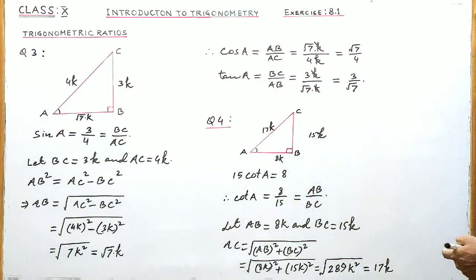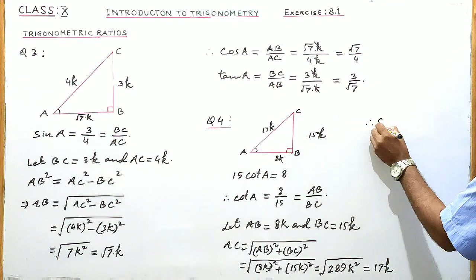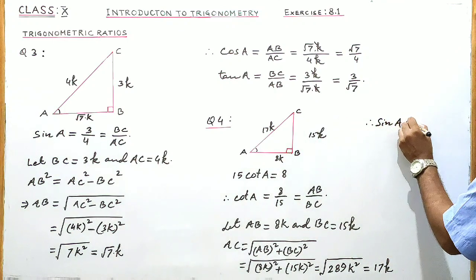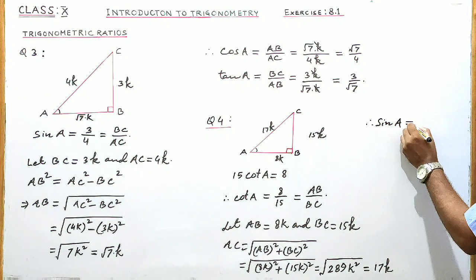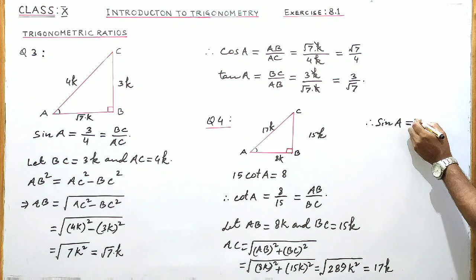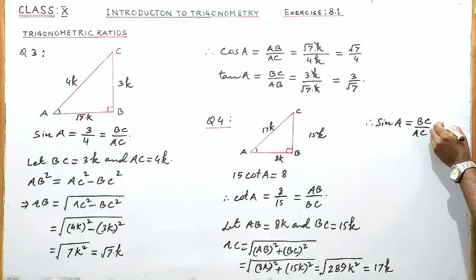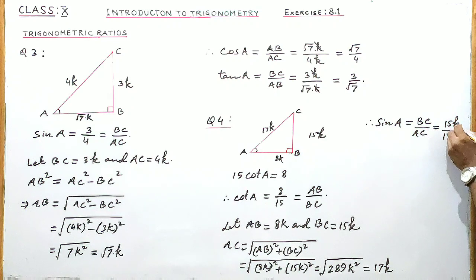Now we can find sine of this acute angle A, and sine of acute angle A is defined as perpendicular by hypotenuse. BC by AC. BC is 15K by AC 17K.